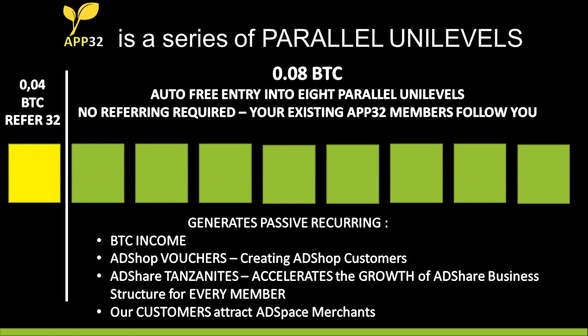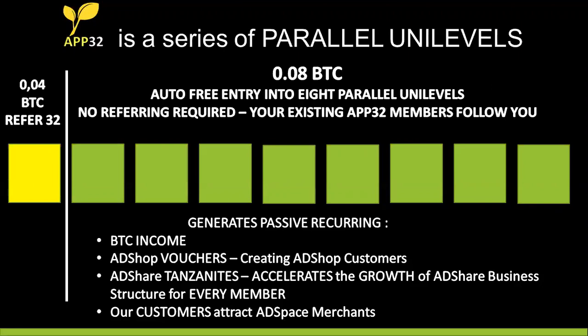Because once you've got your 32 on your level 1, you will be automatically entered into the parallel 0.08 uni level. So everything that happens beyond the first uni level of 0.04 Bitcoins will happen automatically. The system will do that automatically.